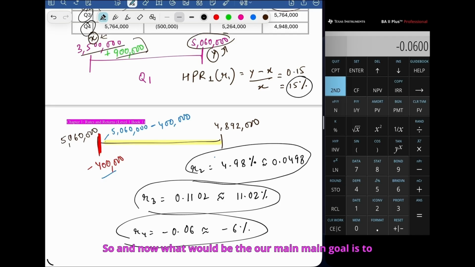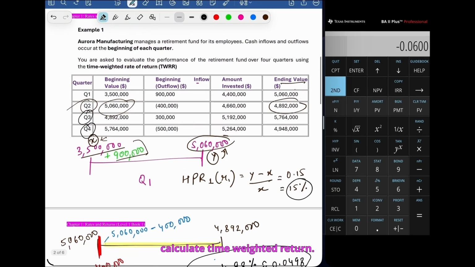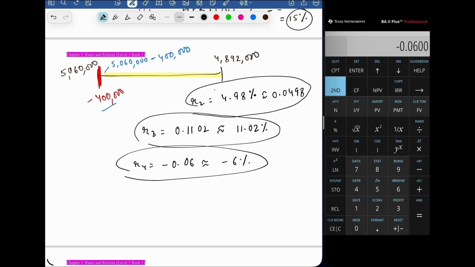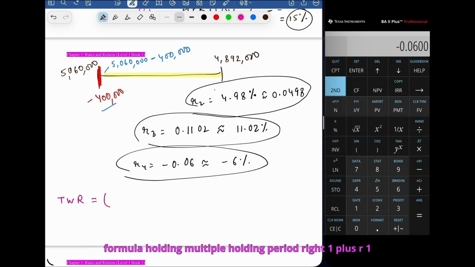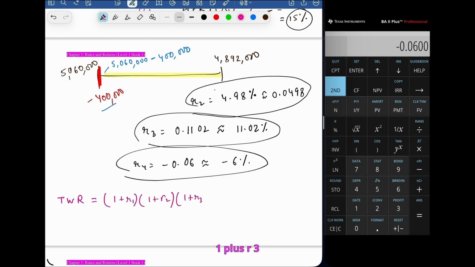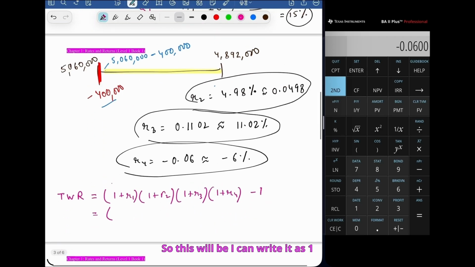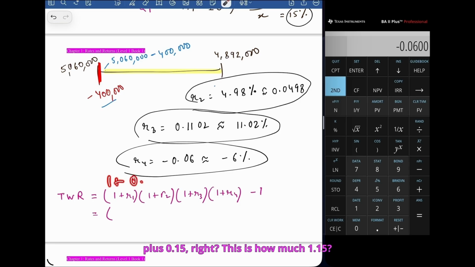And now our main goal is to calculate the time weighted return. So time weighted return would be, since it is less than a year, the form of linking multiple holding periods, right? 1 plus R1, 1 plus R2, 1 plus R3, 1 plus R4, minus 1. So R1 was 15%, so this would be 1 plus 0.15, right?